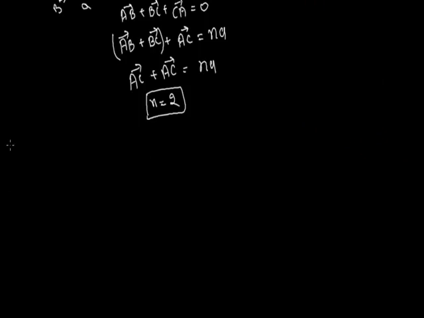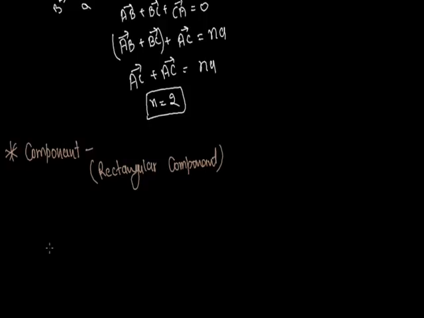Now, very important topic in vectors is rectangular components. Suppose a vector A is at an angle theta with horizontal. Then the horizontal component is A cos theta and the vertical component is A sin theta.